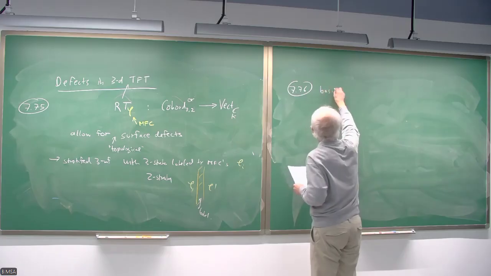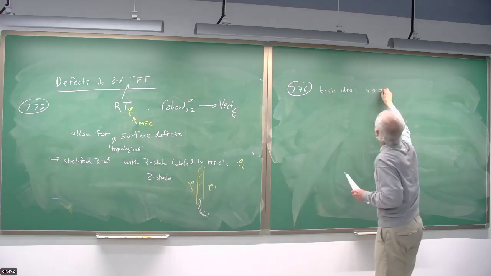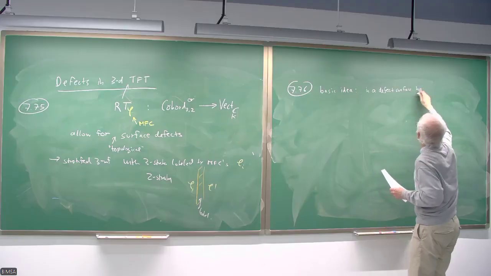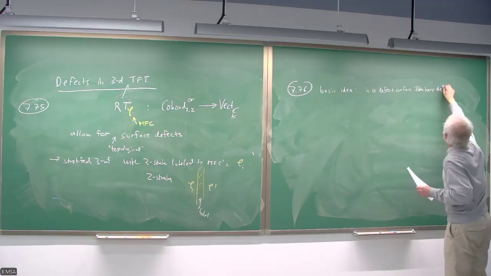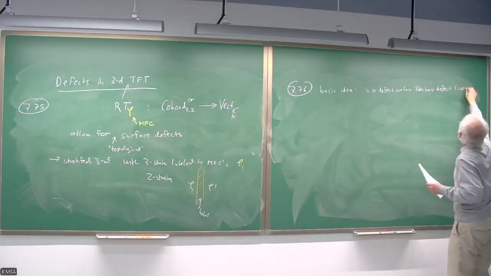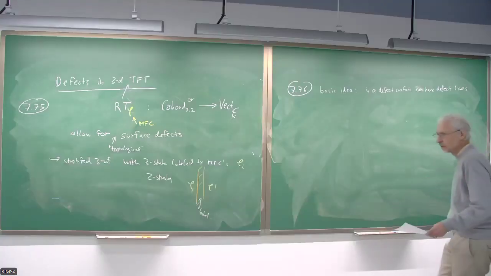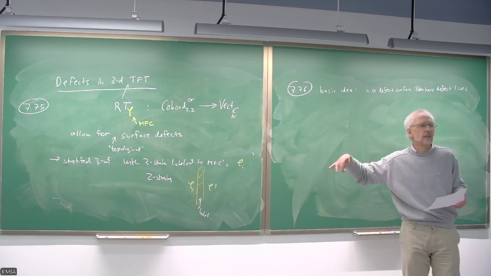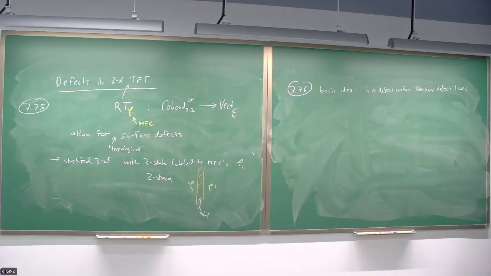The basic idea is that in a defect surface, we can have defect lines which are analogous to what we have done in two-dimensional conformal field theory, and in particular, two-dimensional conformal field theory contains, as a special case, two-dimensional topological field theory, where the relevant modular fusion category is the category of vector spaces.